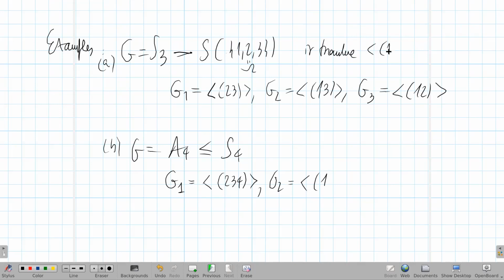Because if you consider the subgroup generated by the cycle (1 2 3), of course, this brings 1 to 2, 2 to 3, and then 3 back to 1, okay? This is also transitive, A4. And you can consider the group formed by the product of two disjoint 2-cycles.